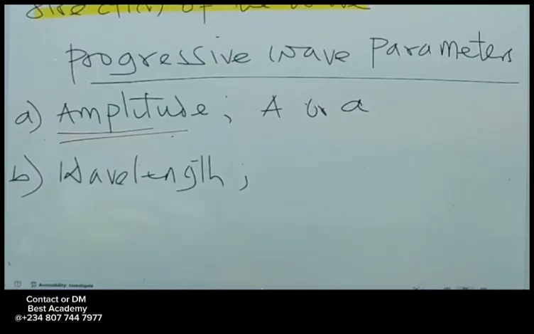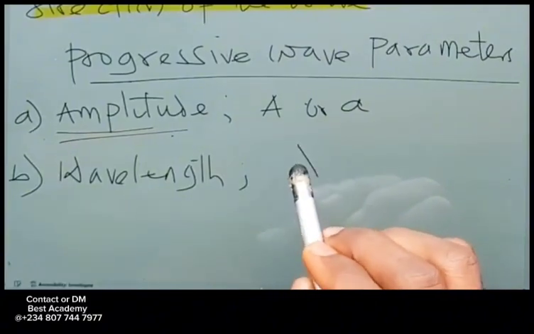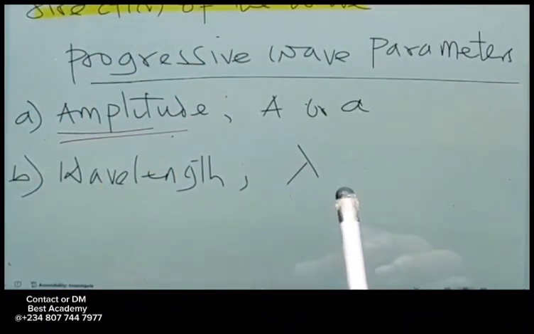So it means the distance between successive crests, or between successive troughs, is known as wavelength. We use the letter lambda to denote wavelength.